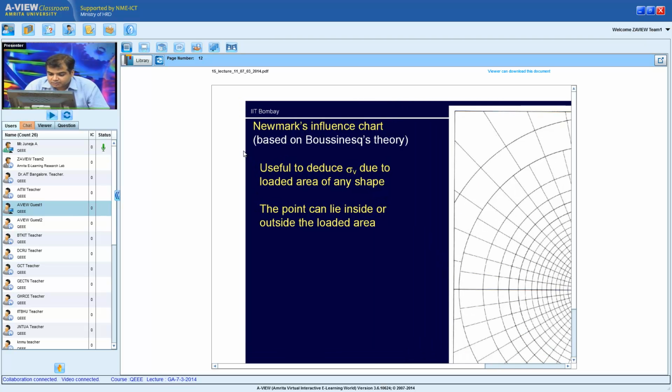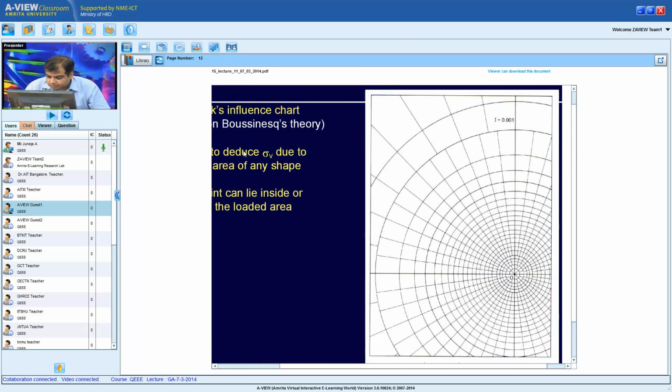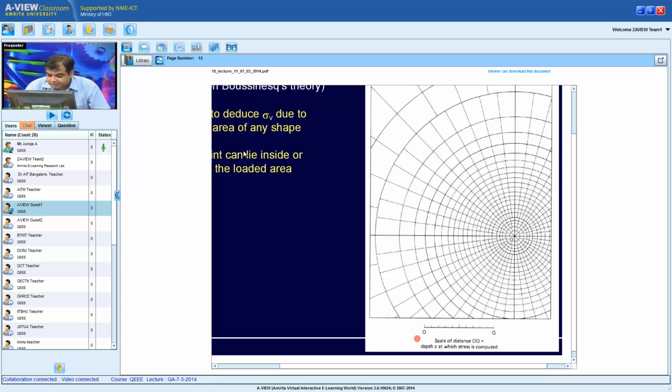Let me quickly zoom in, although I thought of skipping this. But this scale at the bottom of the figure, you need to scale your z, the depth of the point you're looking at below surface or below the footing.